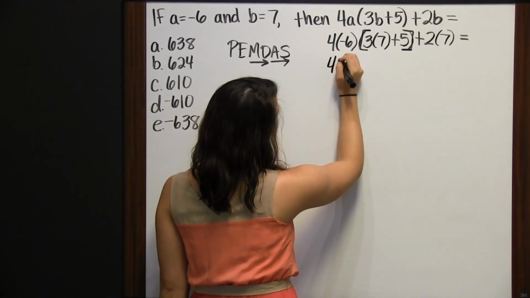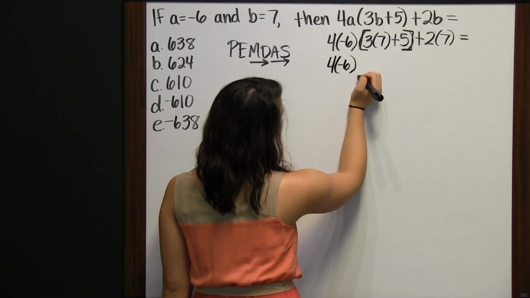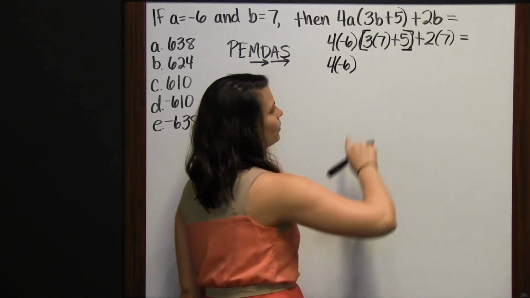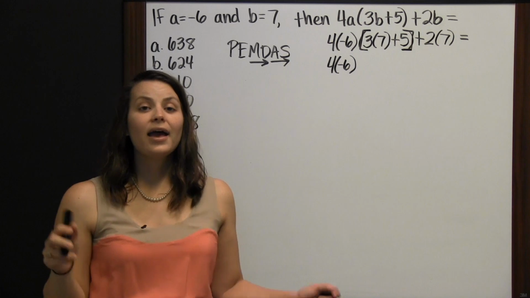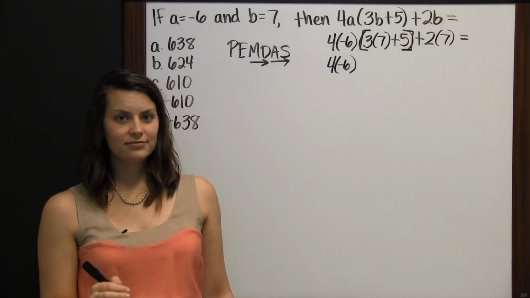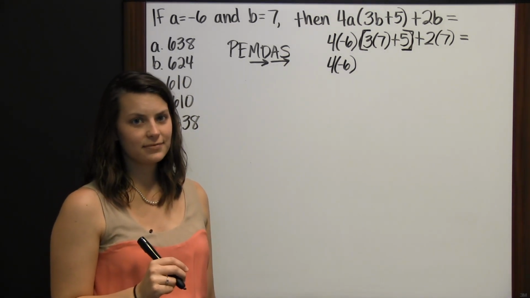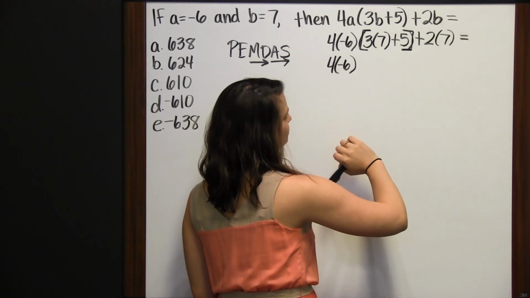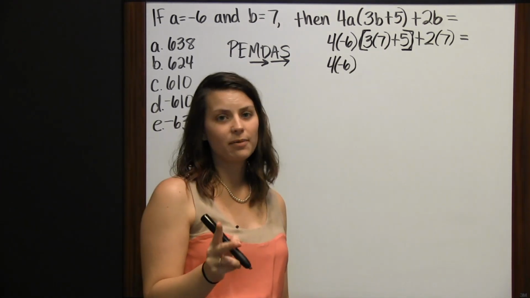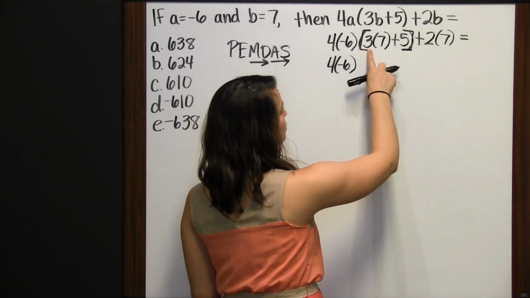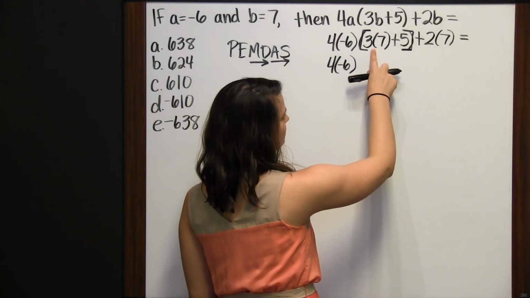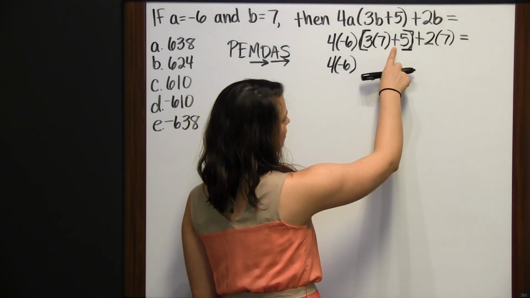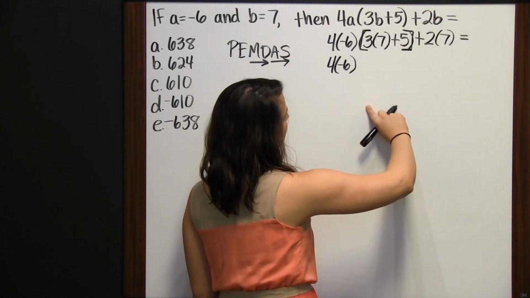So I'll bring down my 4 times -6. And then inside my grouping symbols, I also have to follow the order of operations. So now looking inside these grouping symbols, I have 2 different operations. I have multiplication, 3 times 7, and addition, plus 5.